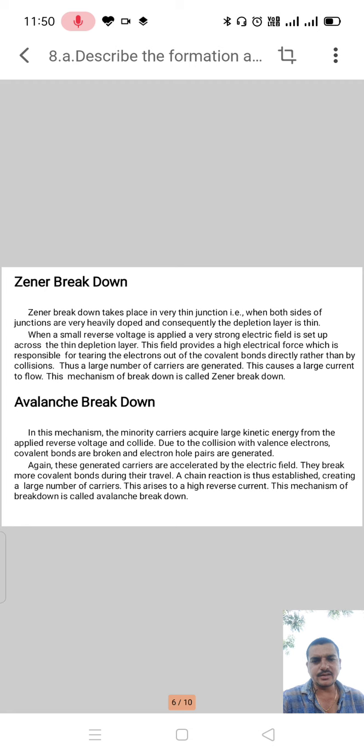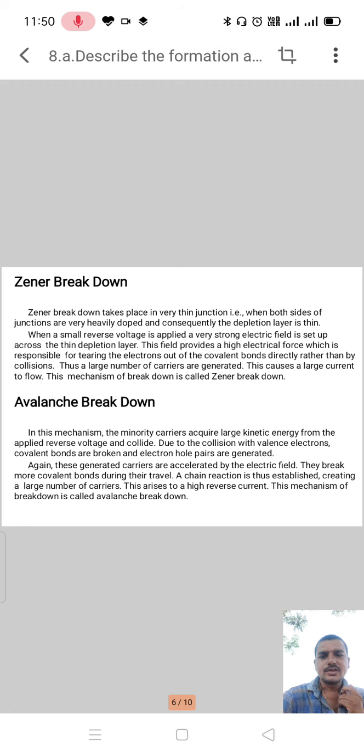These generated carriers are accelerated by the electric field. They break more covalent bonds during their travel.